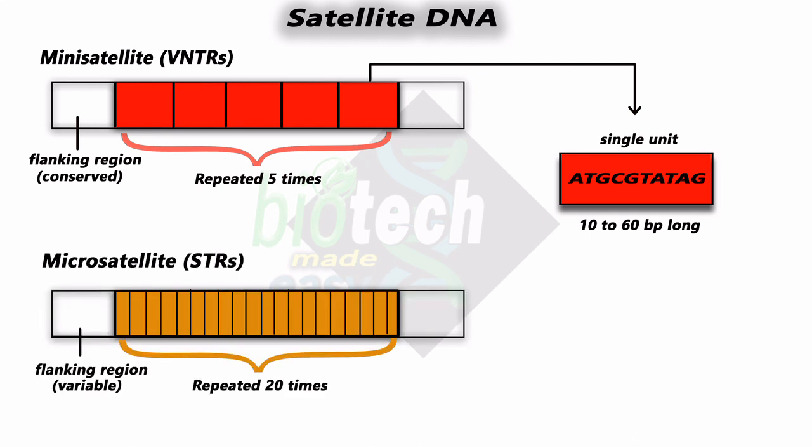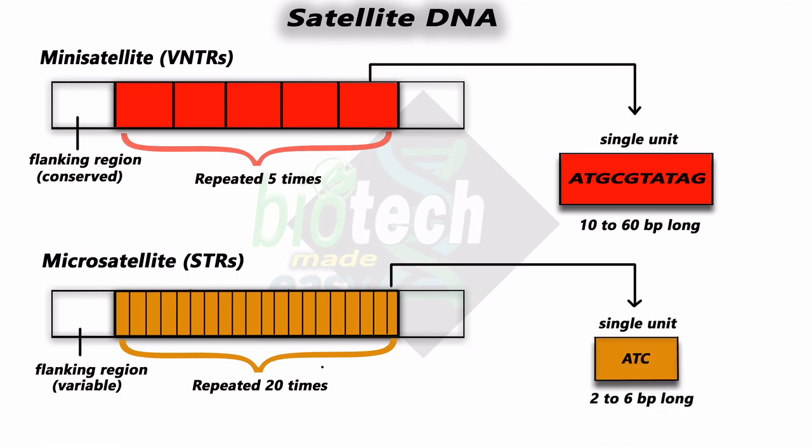Now let's talk about microsatellites. These are arrays of short repeats, hence called STRs or short tandem repeats. In this figure, a total of 20 such repeats are shown.